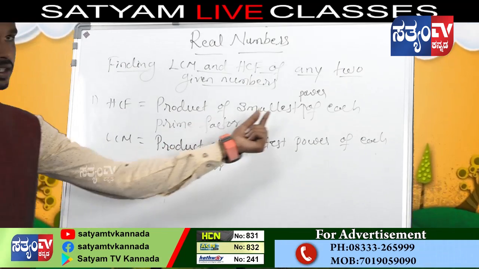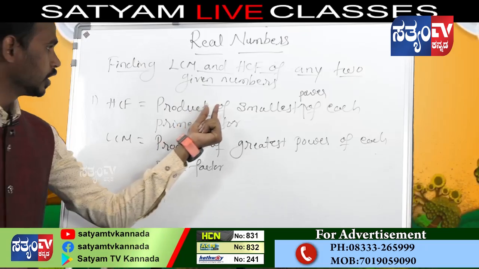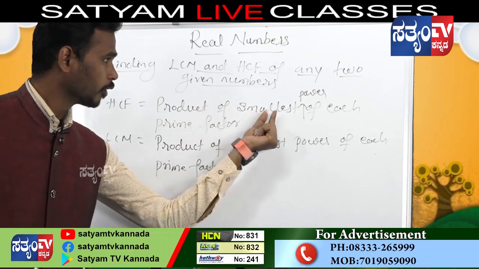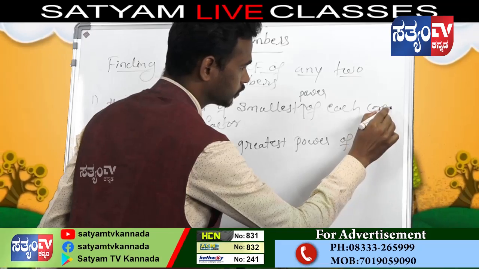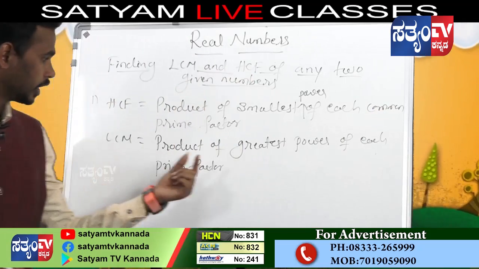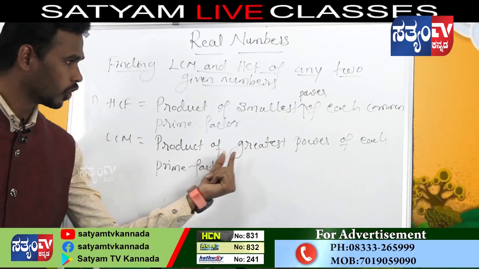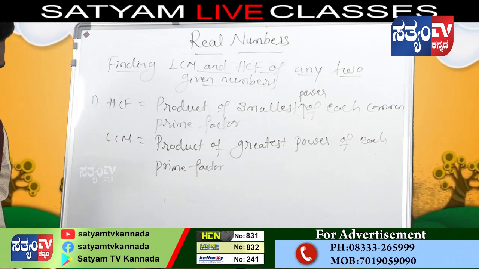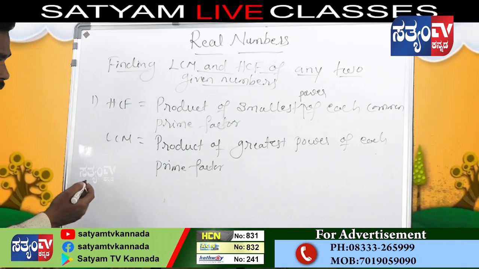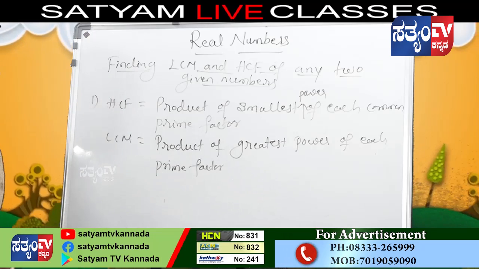Okay, sorry students, here I made a mistake. HCF is the product of the smallest power of each common prime factor, and LCM is the product of the greatest power of each prime factor. Let us see how to find the LCM and HCF of any two numbers.